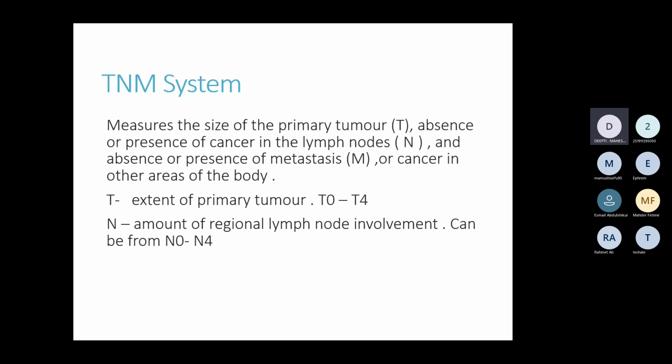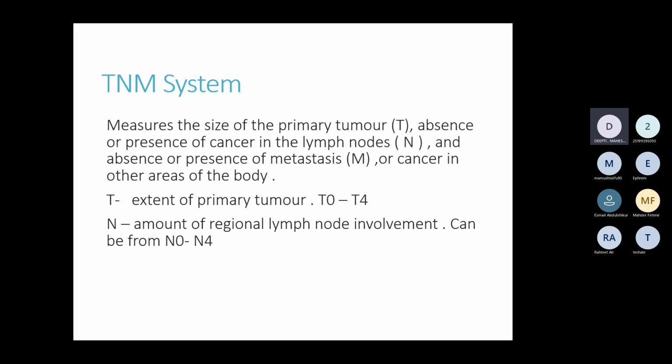So basically, when you want to know the size of the tumor, it is designated between T0 to T4. Depending upon the type of cancer, T1 will mean, say for example in breast cancer, the size is 2 centimeter. T2 will indicate it is between 2 to 4 centimeter.